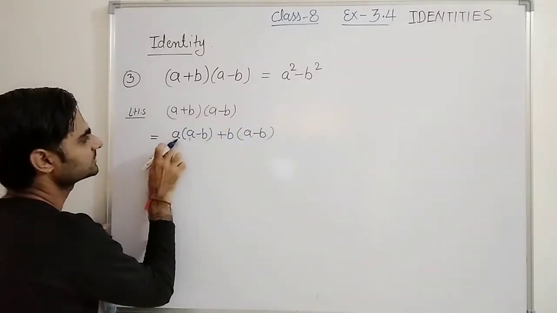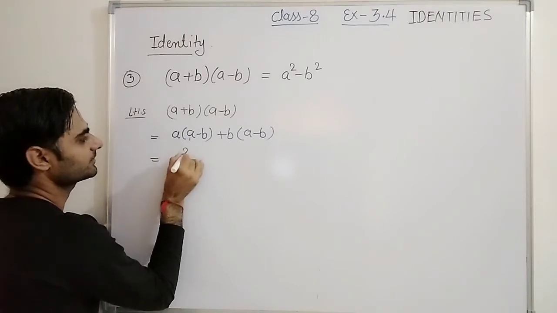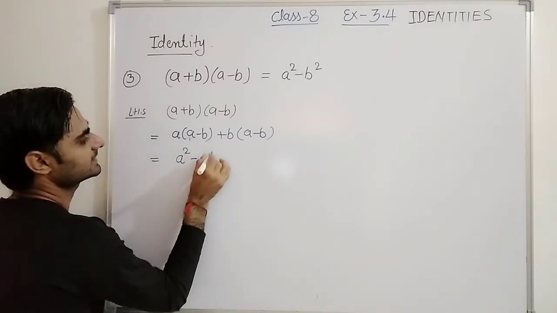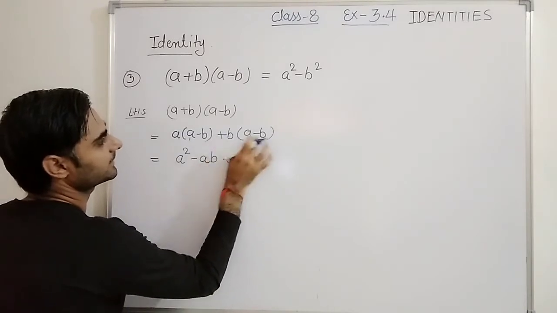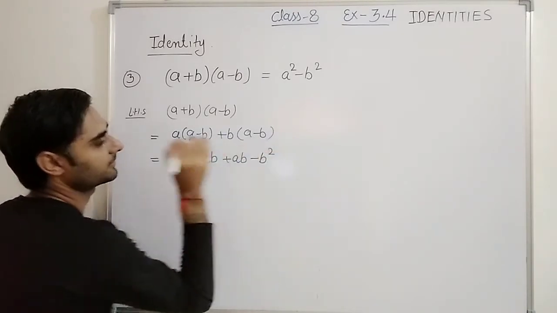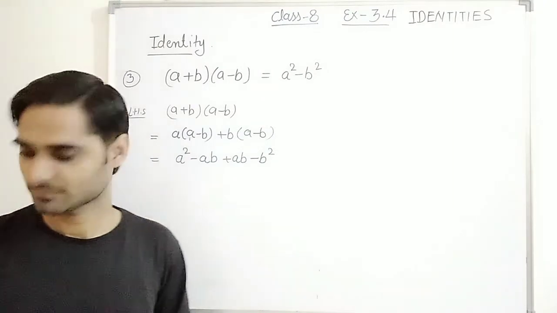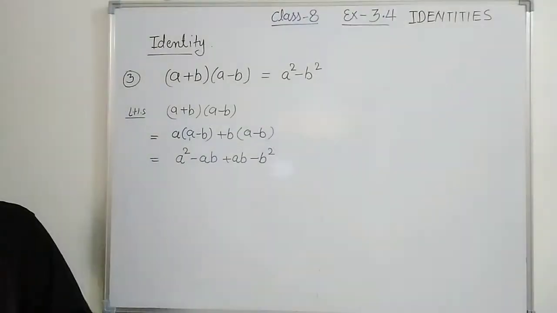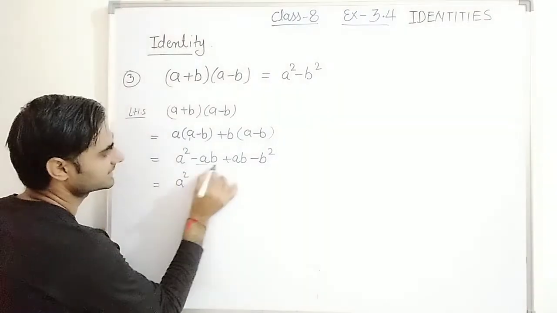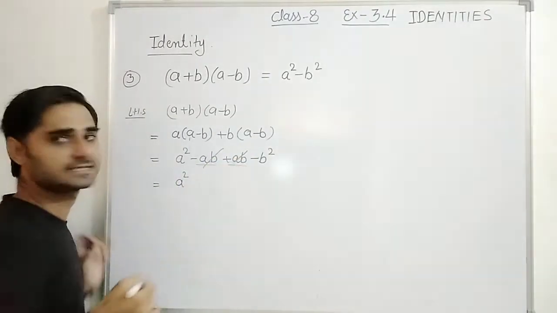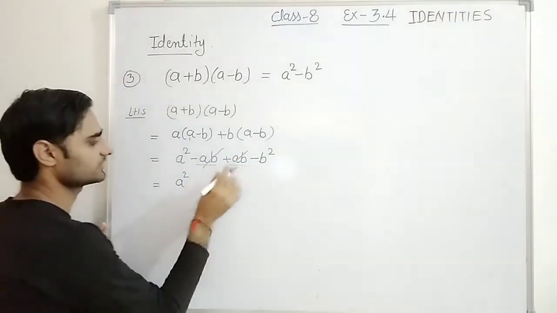So this will be equal to a multiplied by a is a square, then minus ab, then plus ab, and b multiplied by b minus b square.